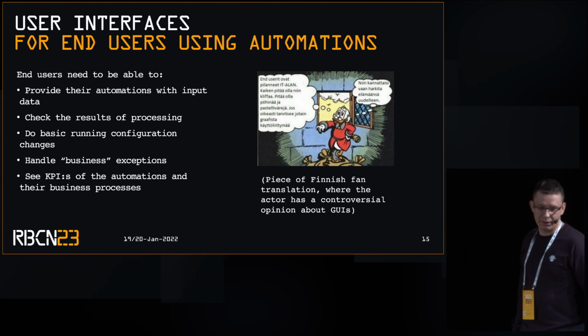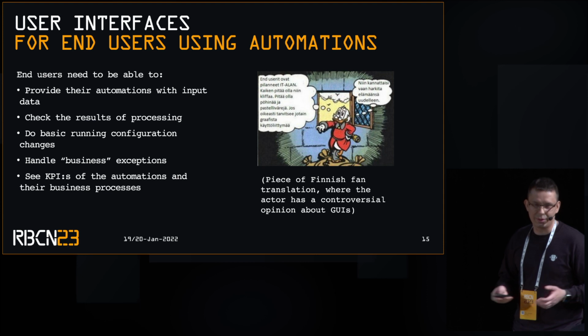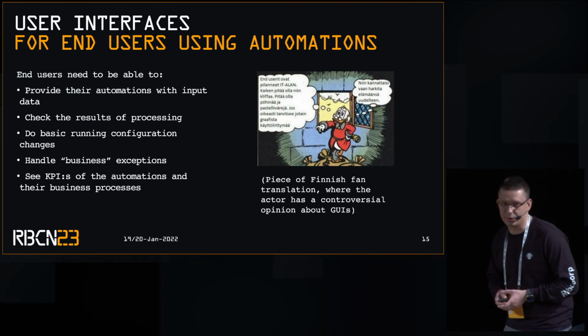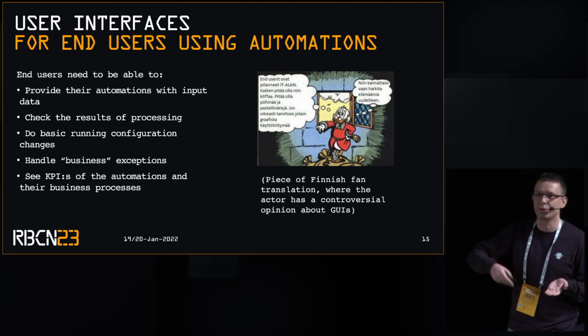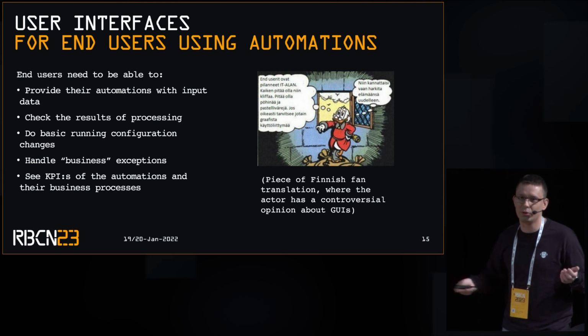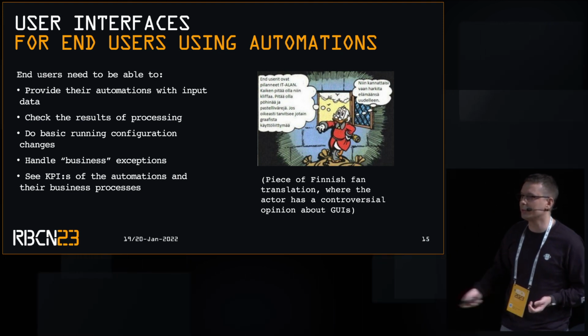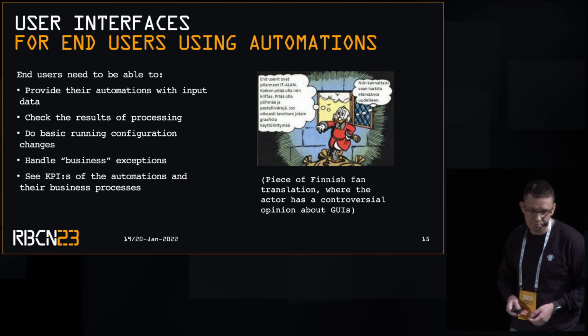And of course, there are the end users who are actually going to use the automations, so they have some needs. They will need a way to provide their automation with input data. They might want to get that Excel file into the robot without the developer always being in the loop. They might want to check the results of the processing, so they know that all of their orders are processed and they're happy, nothing to do here.